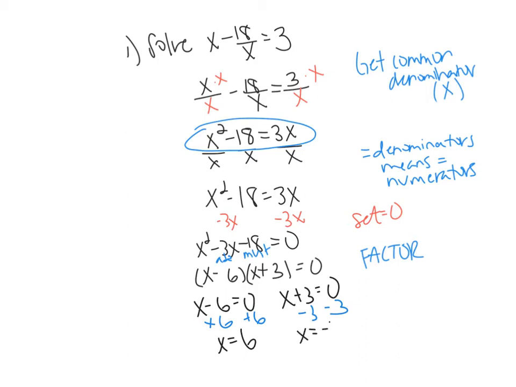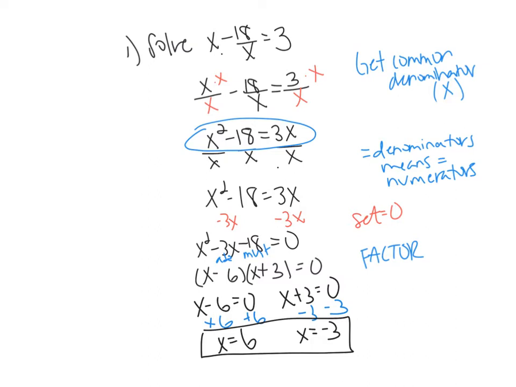Now, before we box, we need to check. Why is it important to check? We need to look at the denominators. Remember, anytime we have fractions, our denominator can never, ever be 0. So let's look at 6. If I plug this back in, is our denominator going to be 0? No. Since our denominator is only x, 6 and negative 3 are both going to work. You can box it.